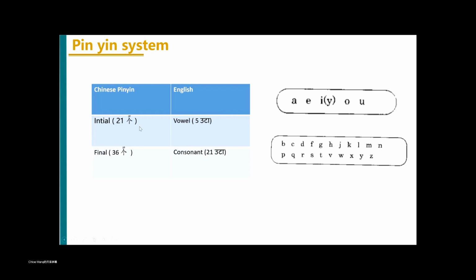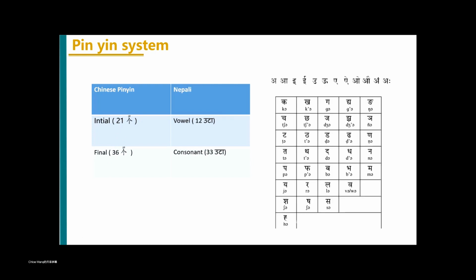While in Chinese language, we also divided all the pinyin into 2 parts. The first part, we call it initial, and the second part, we call it final. So we have another example of Nepali language. Nepali language in this case, in the alphabet's case, it's more like English language, right? We have a vowel and we have consonant. So what's the pinyin system?